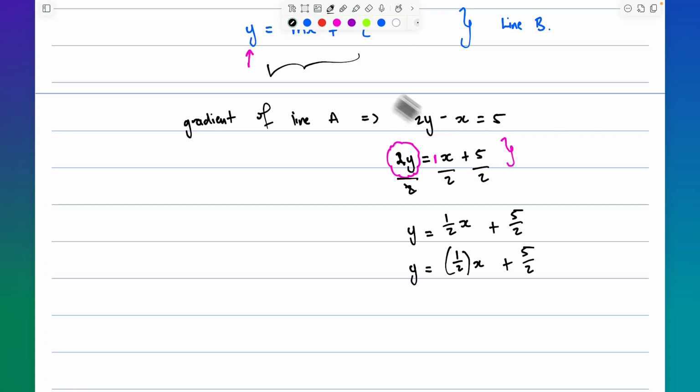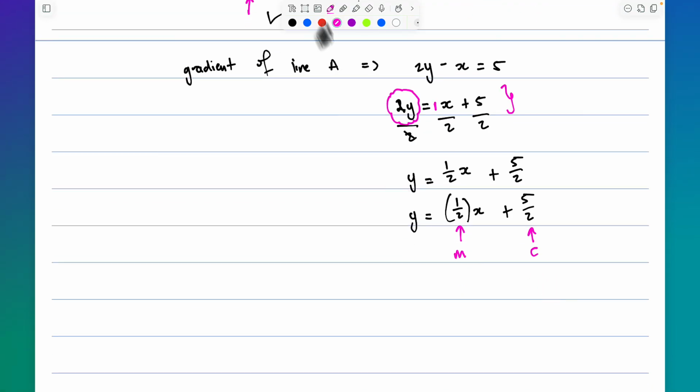So here we can clearly see that the gradient is a half. The c is 5 over 2. Now we know that the gradient of A, which I'm going to write as MA, is equal to a half. And that's also going to be the gradient of B as well, because the two lines are parallel.